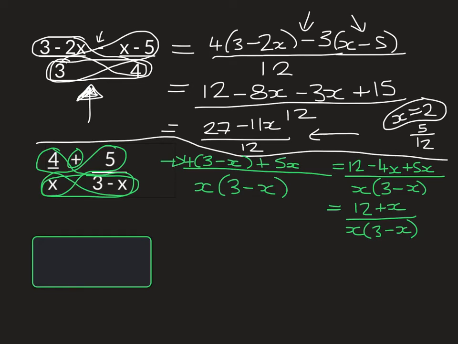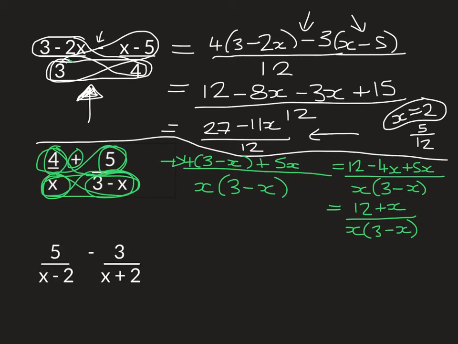So as you'll see, it's exactly the same technique. We're multiplying those denominators and then using cross multiplication, this times this and this times this, to get the numerator. Even if it looks slightly more complicated, we're going to do exactly the same thing. So perhaps pause the video and have a go at that one yourself.